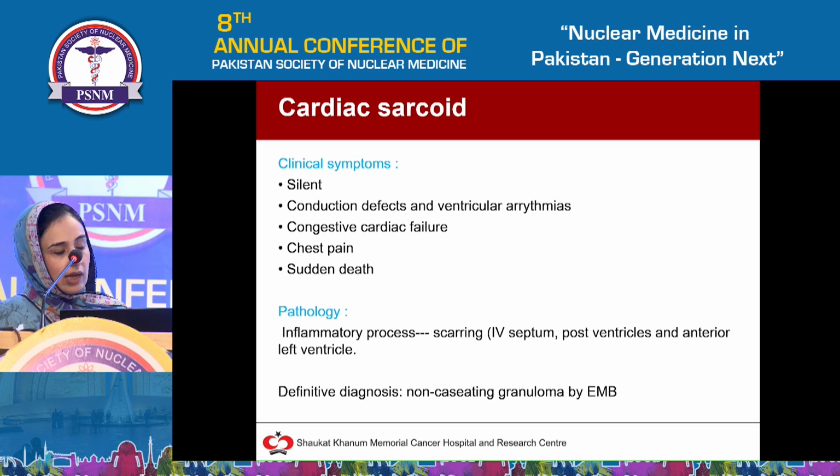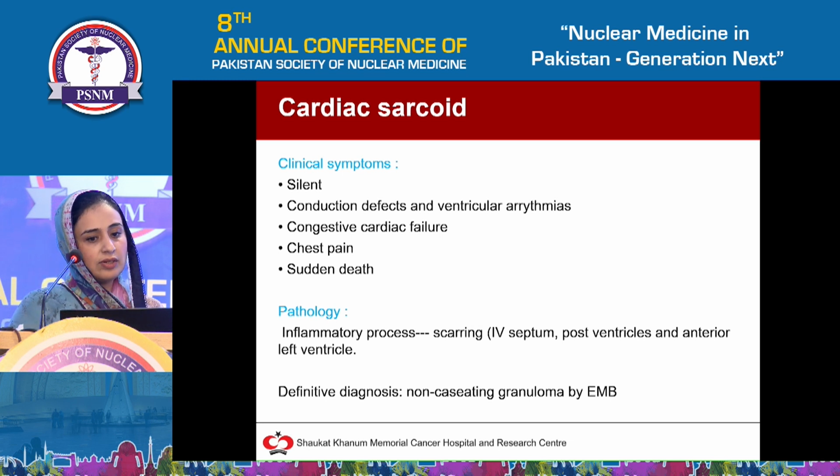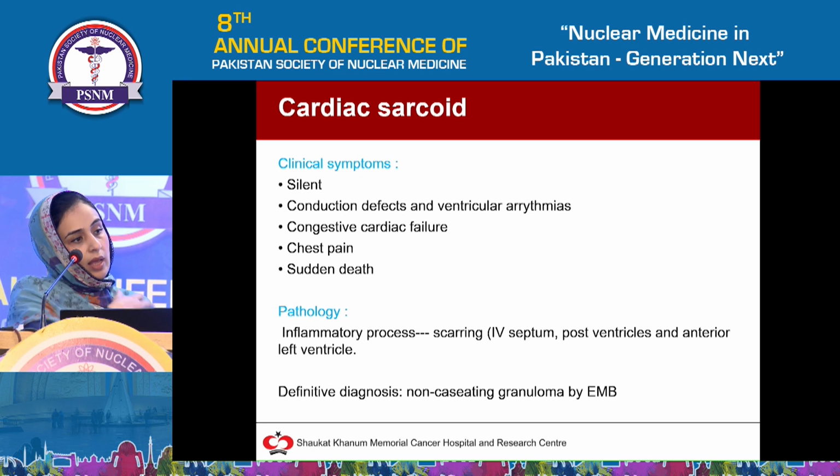Now, cardiac sarcoid can be silent, or present with conduction defects and ventricular arrhythmia. A patient can present with congestive heart failure, they can have chest pain, they can have sudden death too, unfortunately. Pathology is, as we know, an inflammatory process in the heart. It can give scarring.